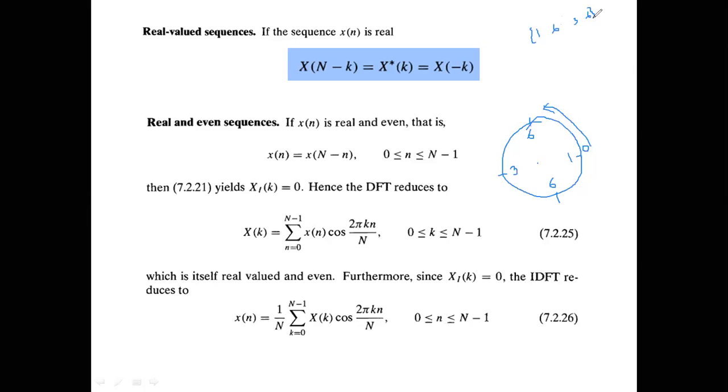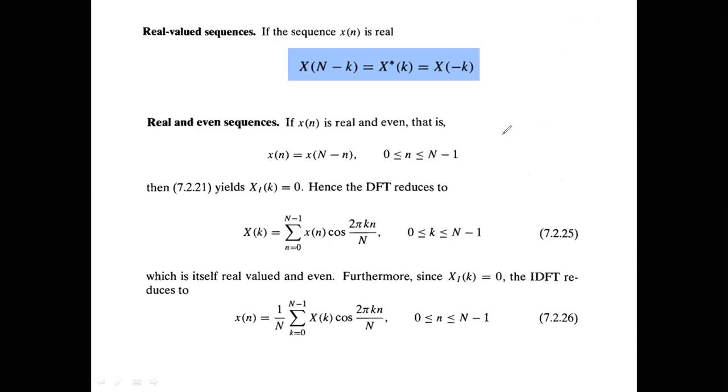If I trace it from the origin in the clockwise direction, I still get 1, 6, 3, 6. Whether you go from the left or from the right, the sequence remains the same. Then I call this sequence an even sequence.